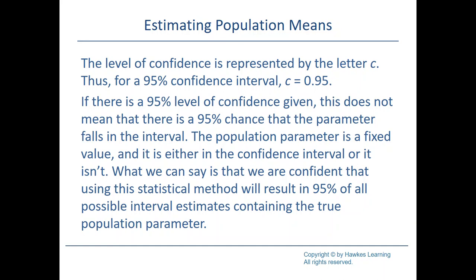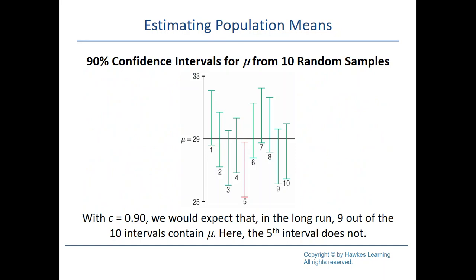Okay, so think of that as something like, say we have a 90% confidence interval for our mean from 10 random samples. You can see here that out of the 10 samples, 1, 2, 3, 4, 5, 6, 7, 8, 9 of them actually contain the mean. But 9 out of the 10 worked, and there's at least 1 out of the 10 that didn't fall in there.